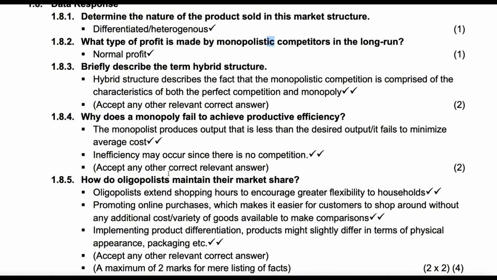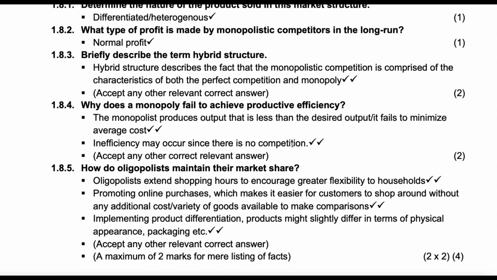Just know which one is which. Okay. Now, I'm back to that. So the monopolist produces output that is less than the desired output. That's what I said. It fails to minimize average cost. Inefficiency may occur since there is no competition. I also mentioned this. Then how do oligopolists maintain their market share?